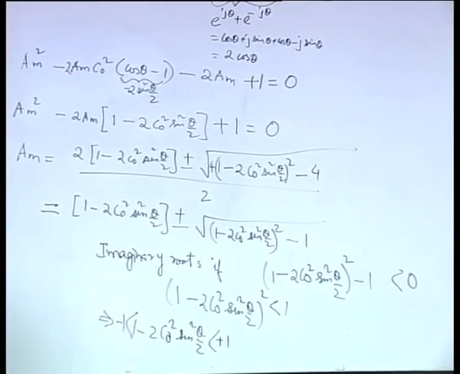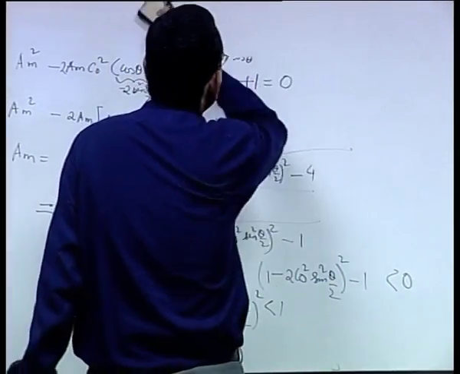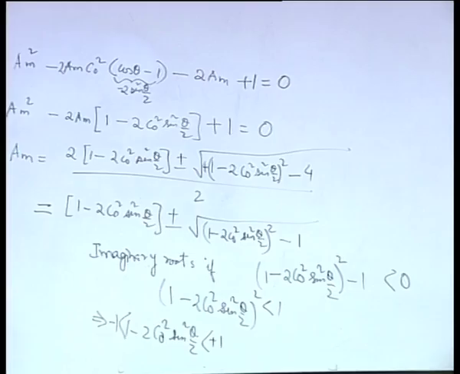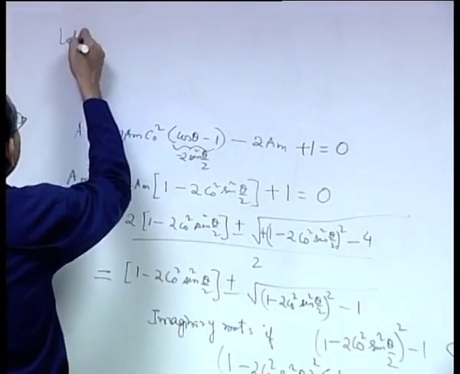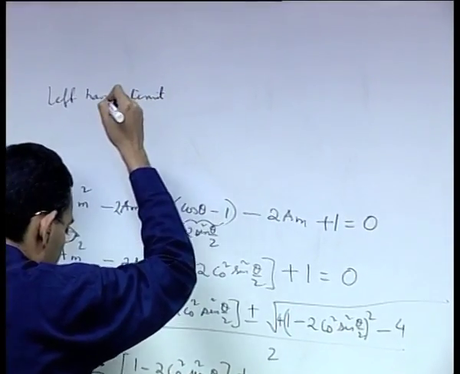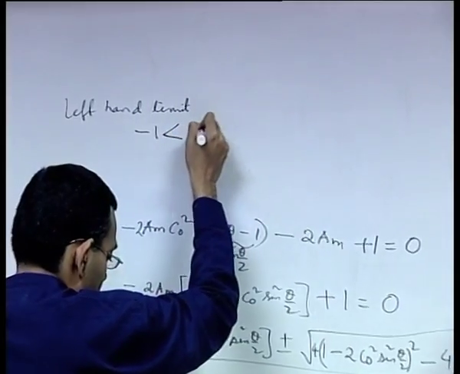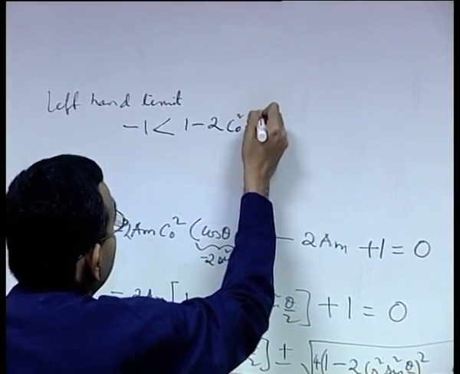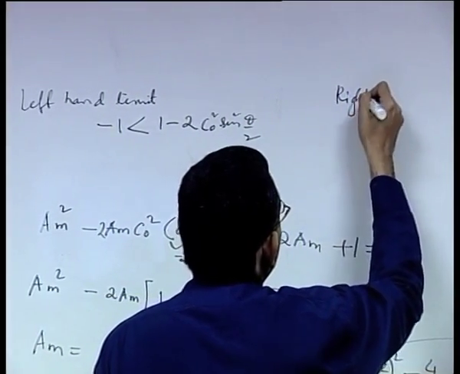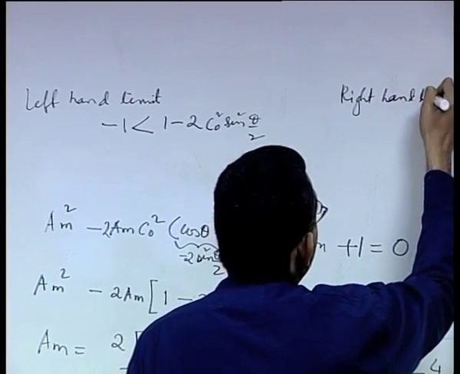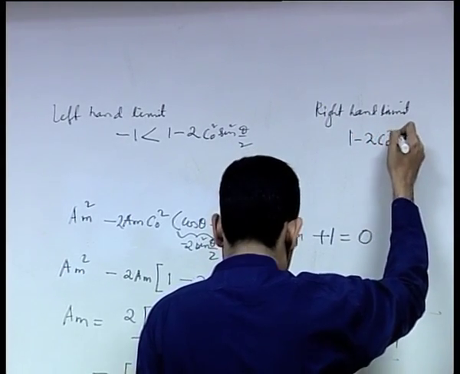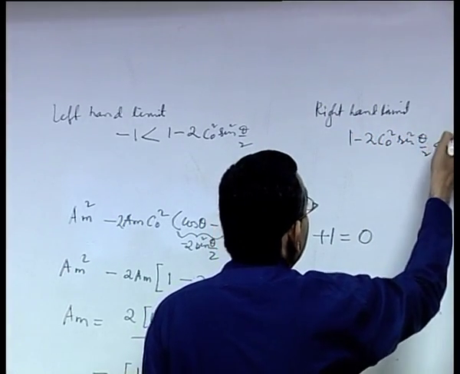So, let us consider the two limits. Left hand limit: minus 1 less than 1 minus 2 c naught square sin square theta by 2, and right hand limit: 1 minus 2 c naught square sin square theta by 2 less than 1.